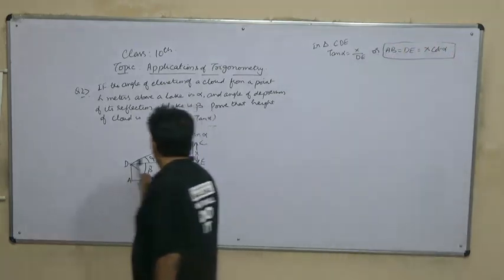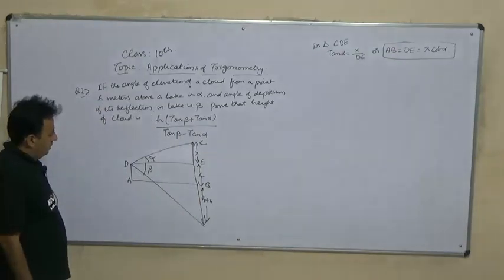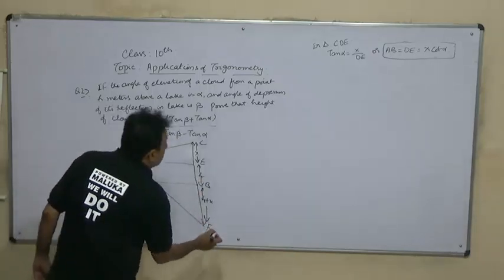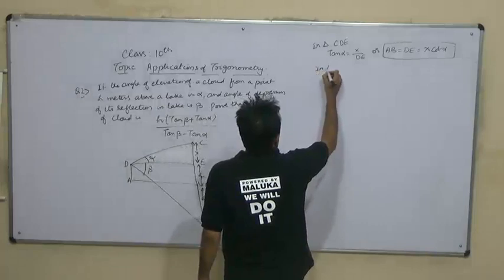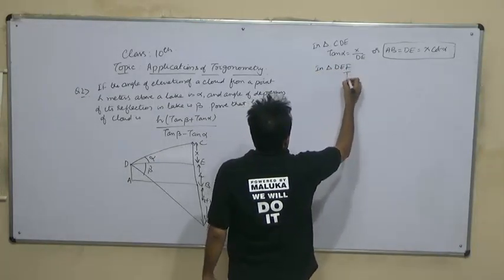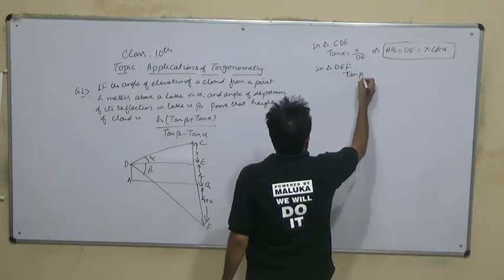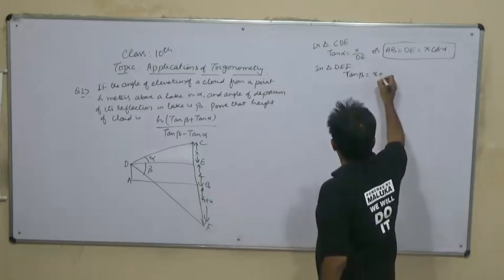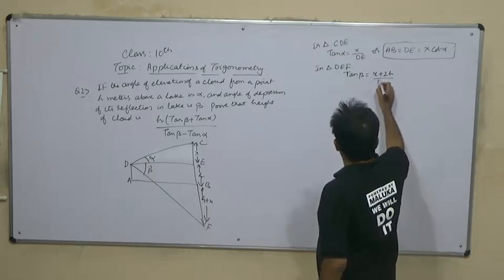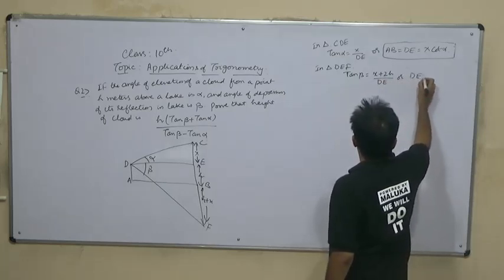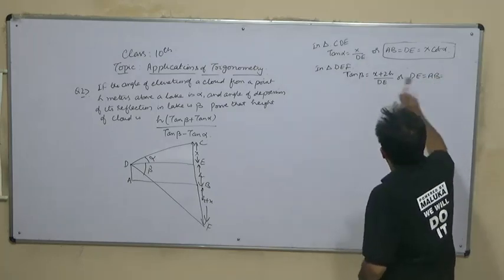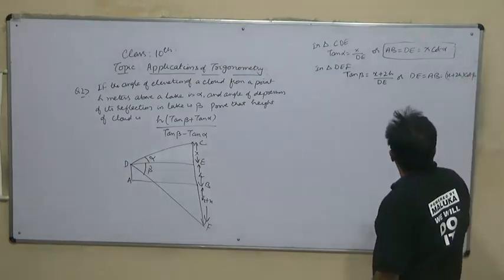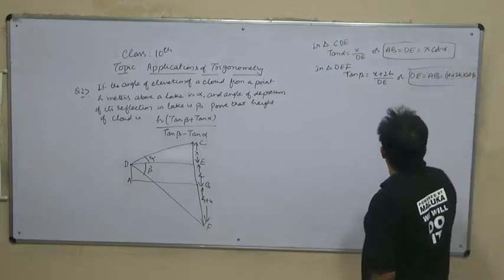We can say that DE and AB are same, and in triangle DEF, let this point be F, tangent beta is equal to, this is h plus x, this is x plus 2h upon DE, or we can say DE is equal to AB is equal to x plus 2h into cot beta. So from these two we can compare the values of AB.